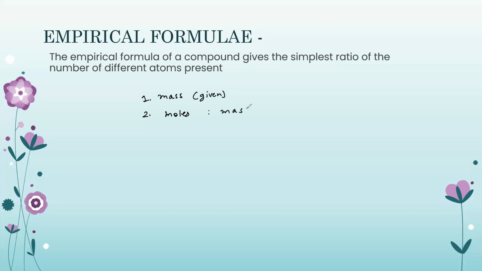Mass divided by molecular mass. And the third step is take the simplest ratio. So these are the three easy steps. Just find the moles and take the simplest ratio of the moles. That's it. Okay, let us do it by some questions.